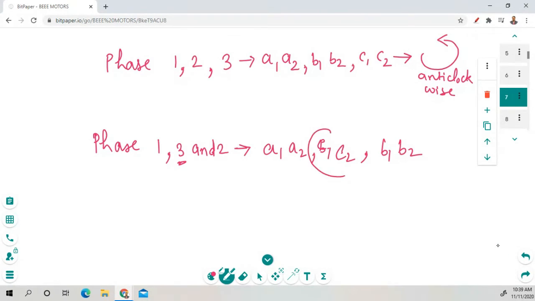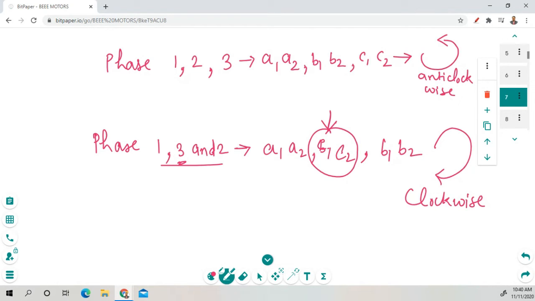So these phases are reversed right here. This third phase is generated after first phase, so the direction of rotation will be changed. You can just change the winding, and when you change the winding, you can change the direction of the motor.